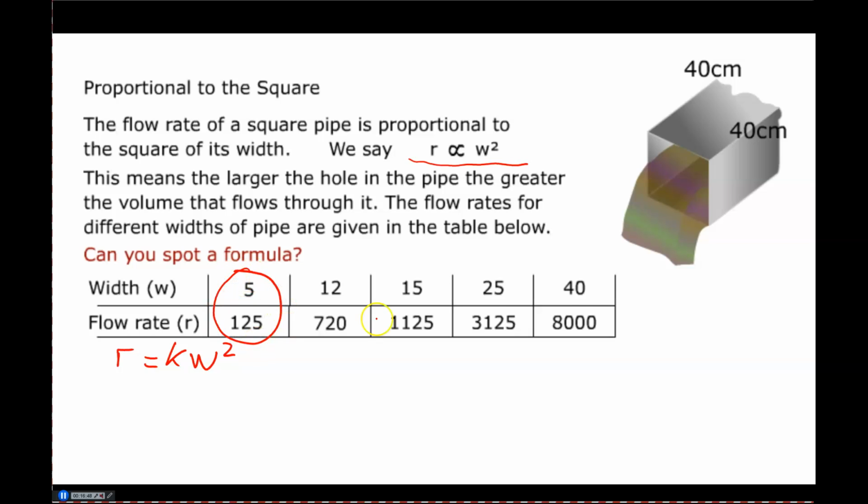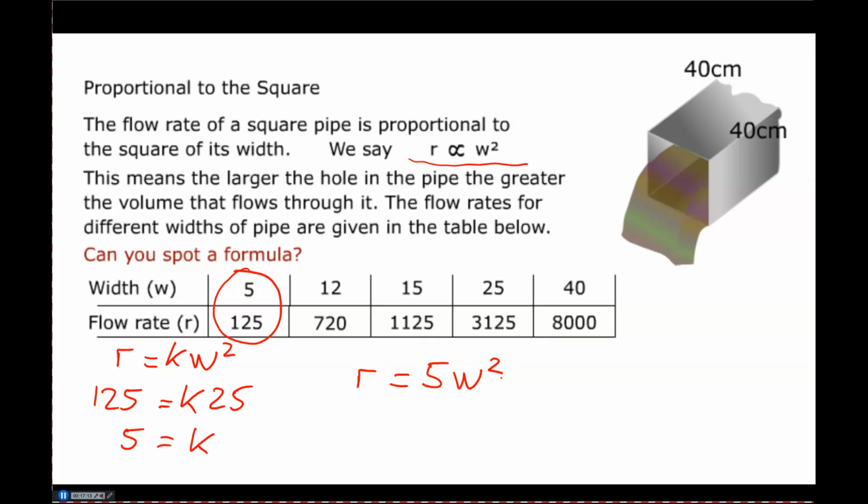Doesn't matter, they all would work because we're told it's in proportion. So we've got 125 is equal to, but don't forget to square it, 5 times 25, so K is equal to 5. So actually our formula is that.